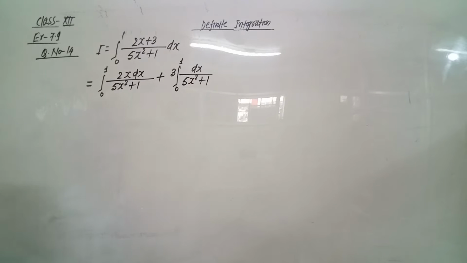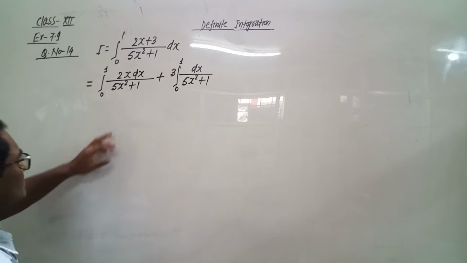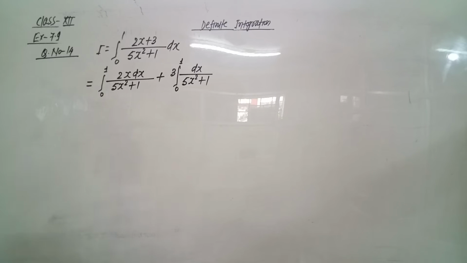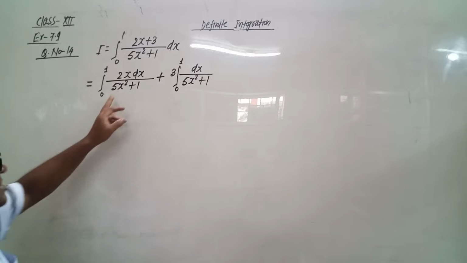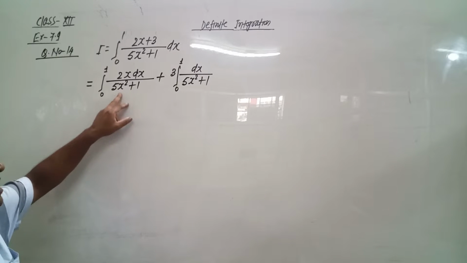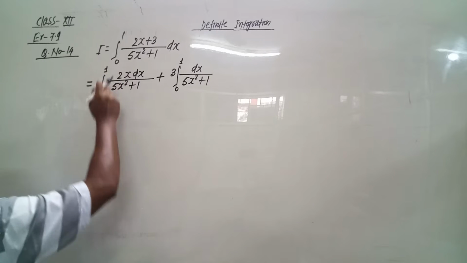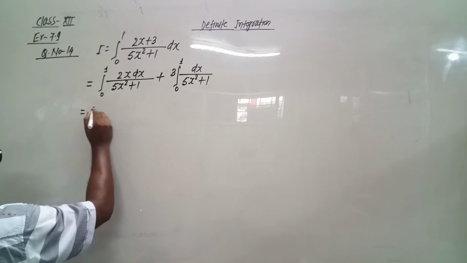Now the derivative of the denominator, that is, the derivative of 5x square plus 1, is 10x, and in the numerator we have 2x. So multiply numerator and denominator by 5.